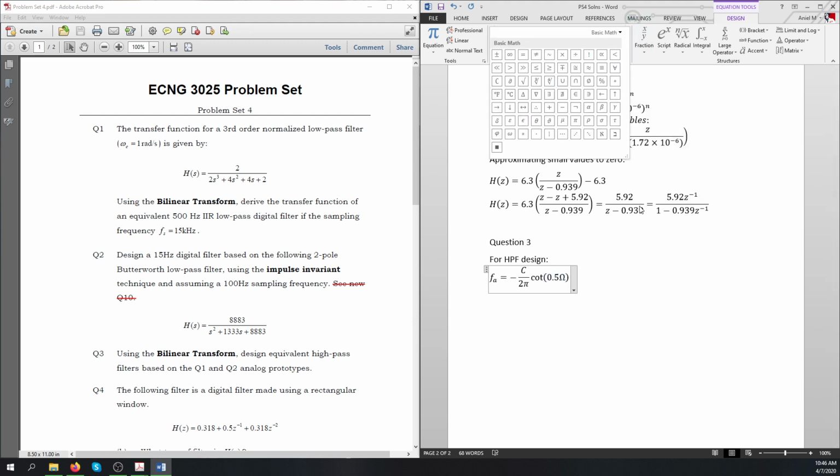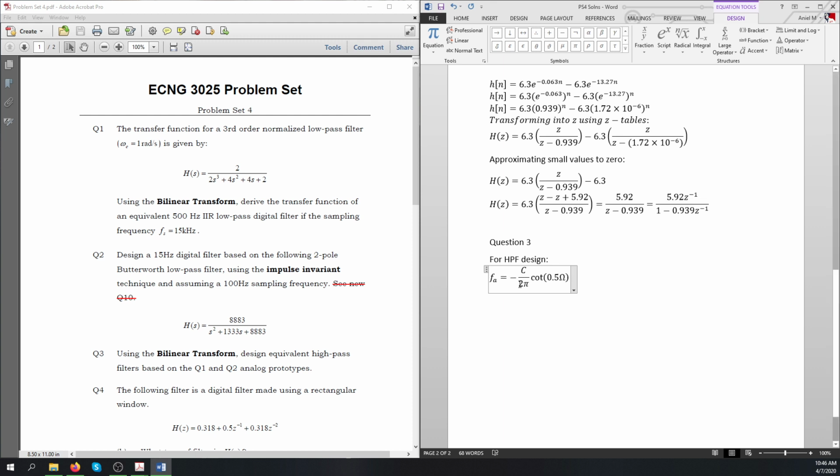So this will be our f of a equation here, minus C divided by 2 pi multiplied by cotan of 0.5 capital omega.